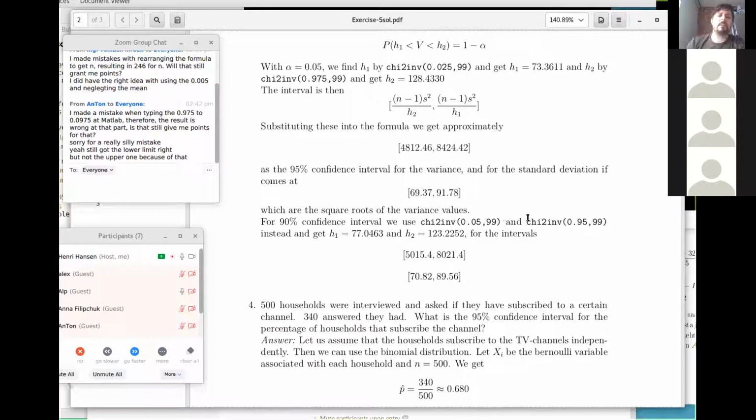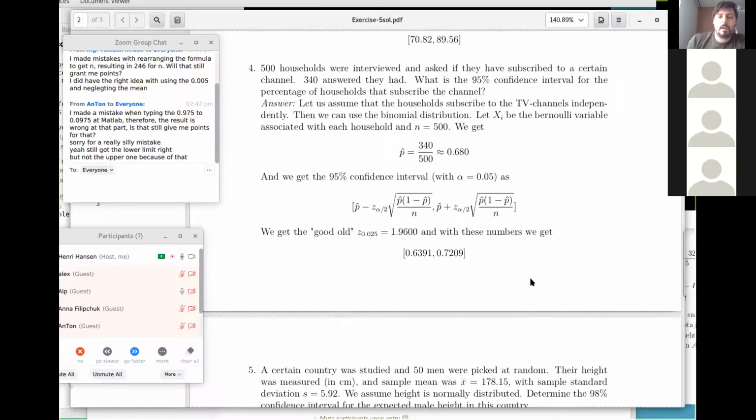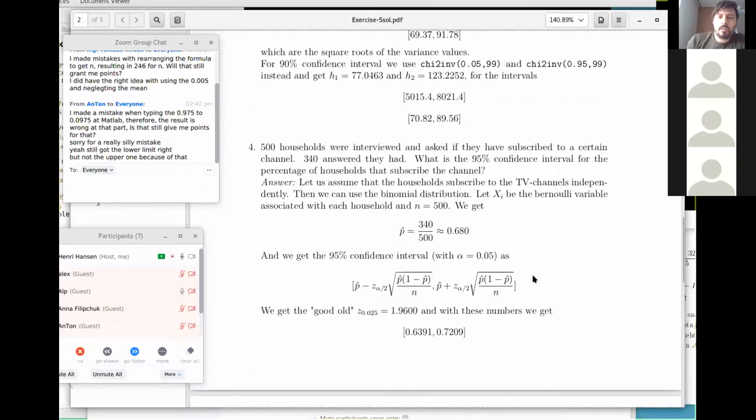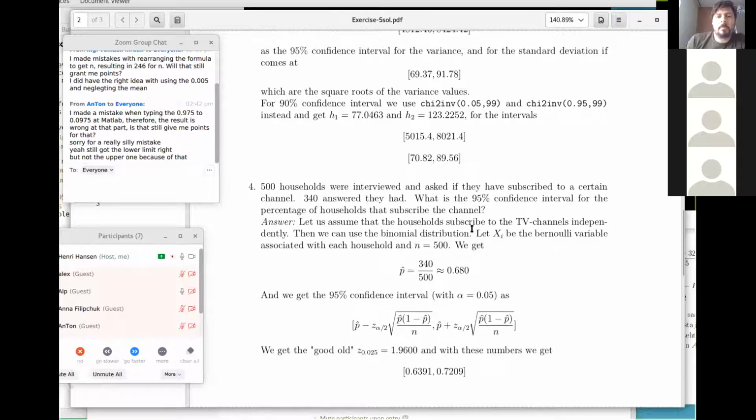So we have a Bernoulli variable, yes or no. And we can think of this as being binomially distributed. We can think of this as having n equals 500, and p is what we are looking for. P is roughly somewhere around 0.68.